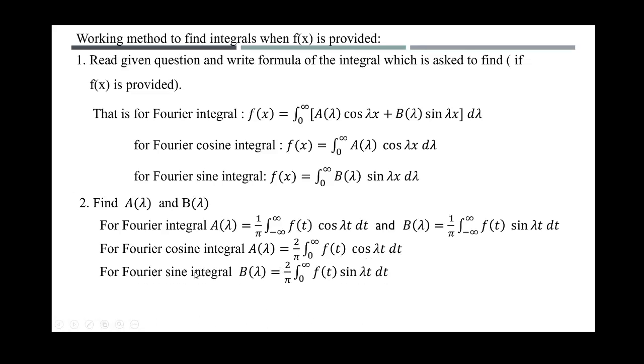If Fourier sine integral is asked, then find b lambda using 2 by pi integral 0 to infinity f of t sin lambda t dt. After evaluating a lambda and b lambda, we have to replace these values in the formula of the integral. Then we get the required integral.